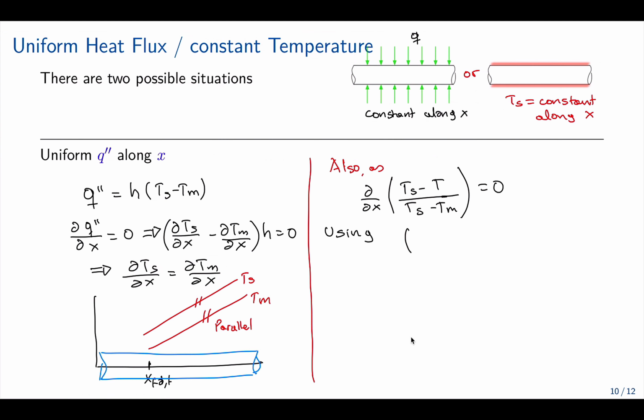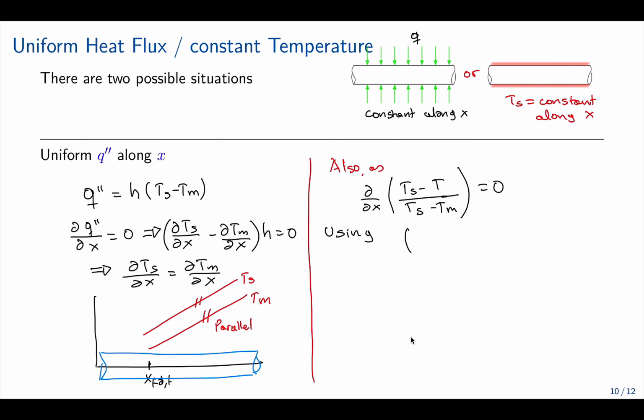We can conclude that the derivative of the mean temperature with respect to x is going to be equal to the derivative of the temperature with respect to x at any r. So this is T(r). At any r that's happening, so at any distance from the middle axis of the pipe.